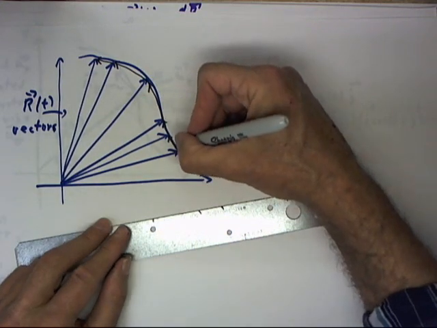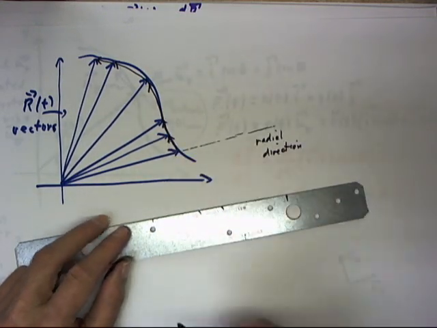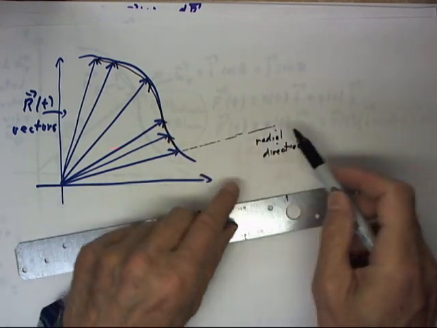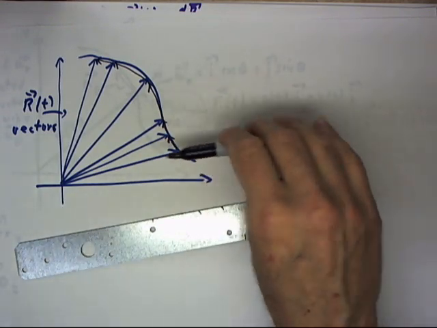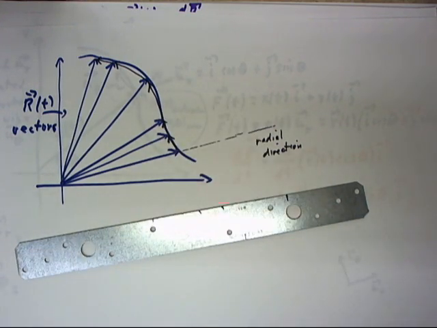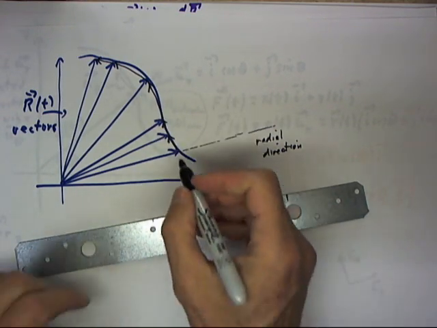My delta r vector might have a component in the radial direction, might have a component opposite to the radial direction, and a component perpendicular to the radial direction.